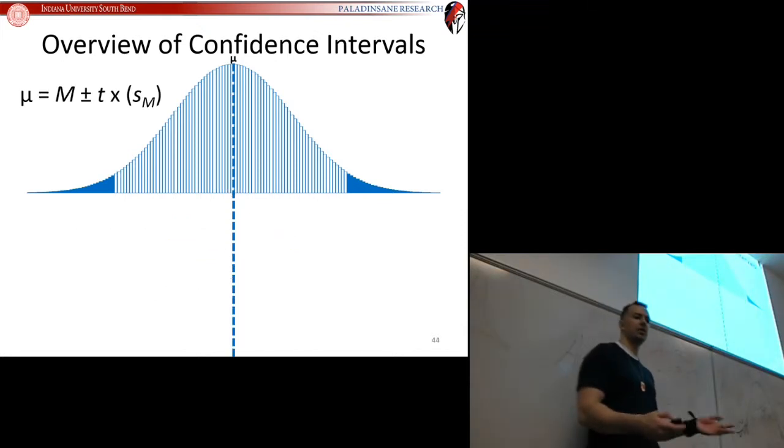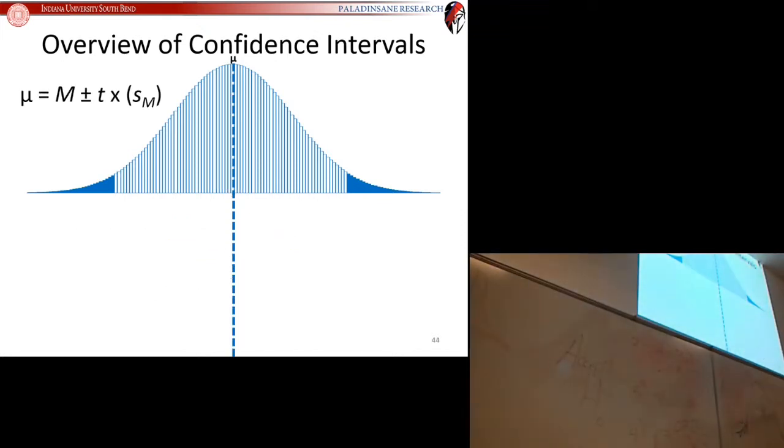And just to give you a numbered example here, let's say that we calculated these values, and our sample mean was 100 and it had plus or minus 11.5, and our population mean was actually 100.